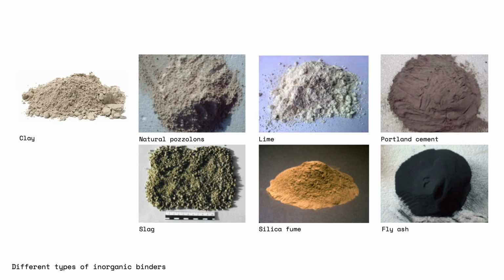It belongs in a way to this family of powder-looking binders. Clay is in fact something that when you burn with lime is what gives us Portland cement. So there's a lot of connections in there with concrete.